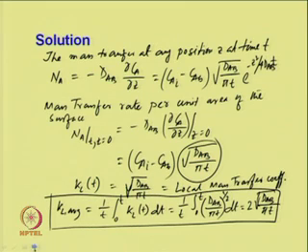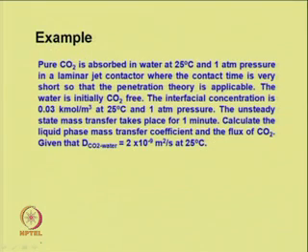Now, let us consider a simple example. Pure carbon dioxide is absorbed in water, as we have discussed similar problem earlier, at 25 degree centigrade and 1 atmosphere pressure in a laminar jet contactor, where the contact time is very short. So, that the penetration theory is applicable.